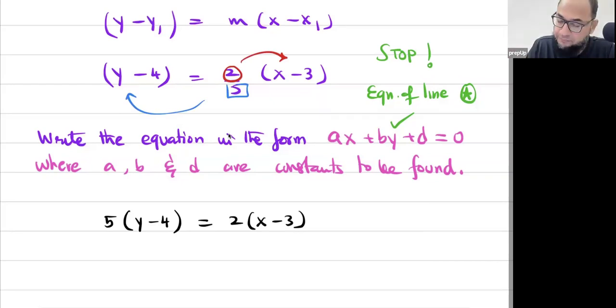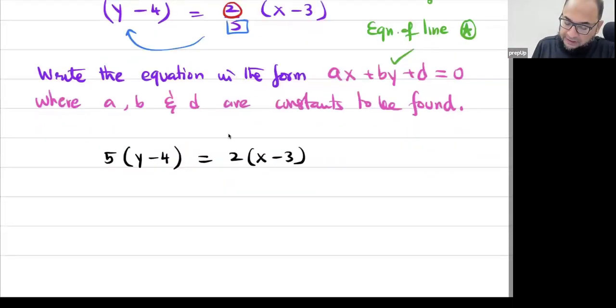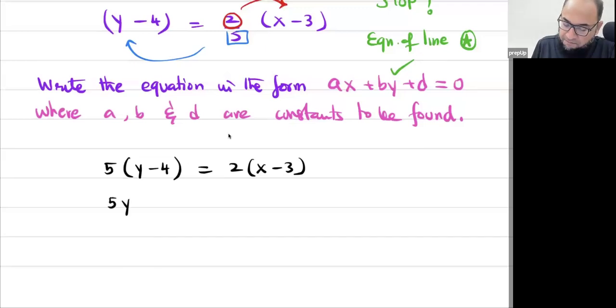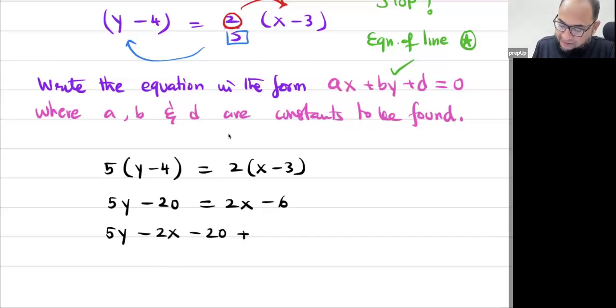I work with integers. So now what happens? 5y minus 20, 2x minus 6. Transfer all the terms to the left hand side. 5y minus 2x minus 20 plus 6 equals 0. 5y minus 2x minus 14 equals 0.